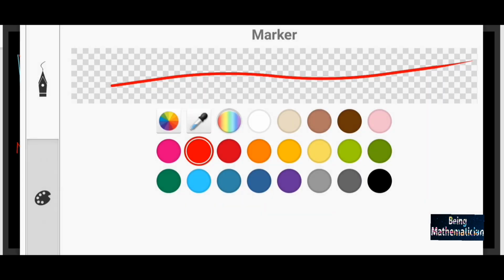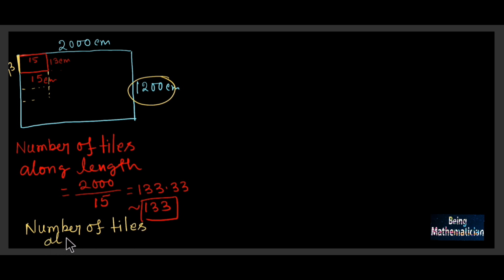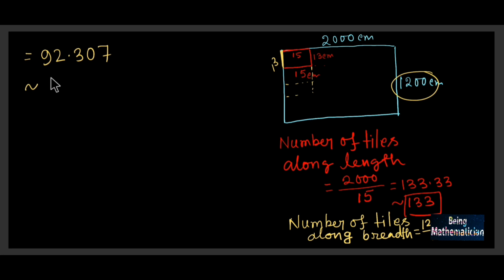And now we have to calculate the number of tiles along breadth, and it is 13, and total is 1200, so the number of tiles that can be kept along breadth must be 1200 divided by 13, and it is 92.307, so approximately 92.